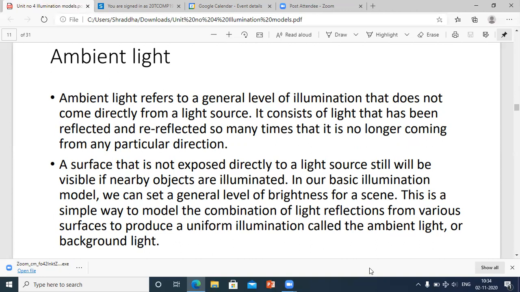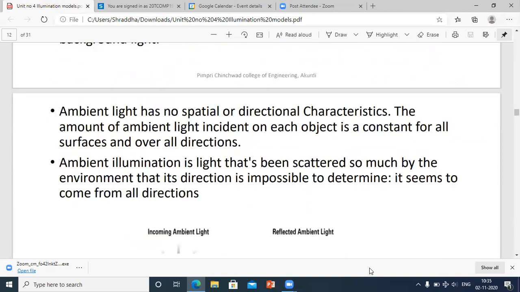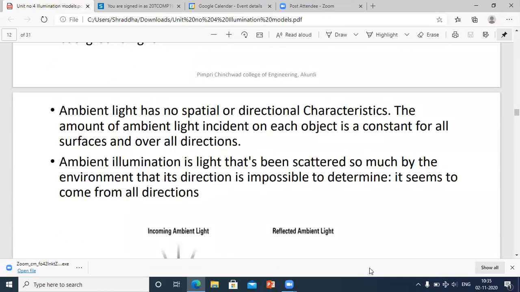So this type of reflection from the various surfaces is called ambient light or background light. Ambient light has no spatial or directional characteristics.